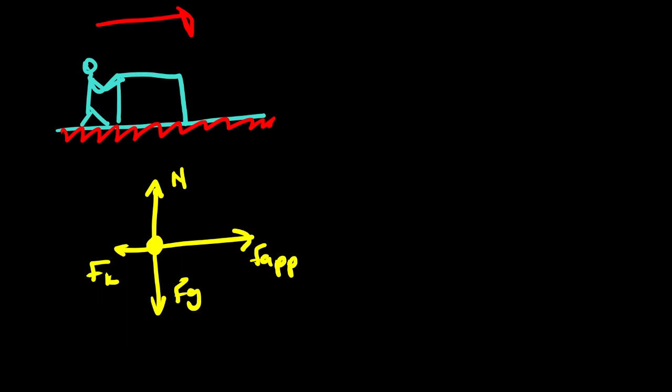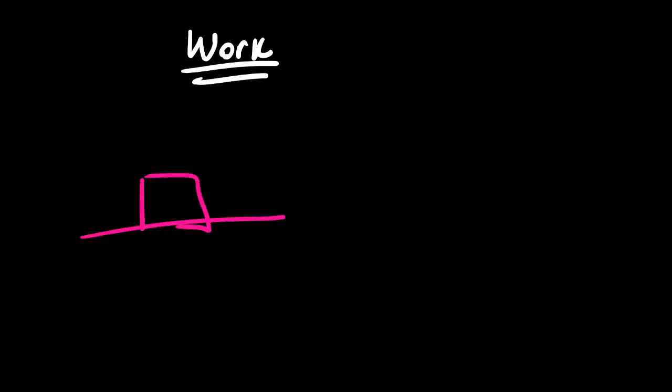Now let us try to draw a free body diagram of all the forces which are doing work on the object. There is a lesson video whereby we describe what work is. Just to briefly go through what is work: suppose there's an object, and this object is experiencing a force in this direction, and the object is moving in this direction.